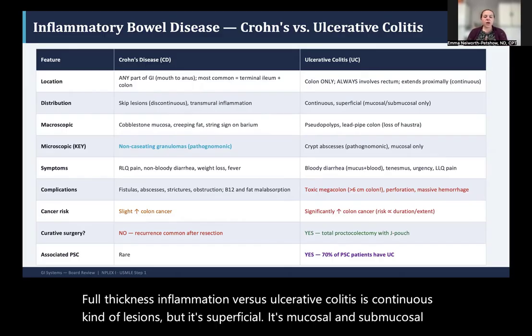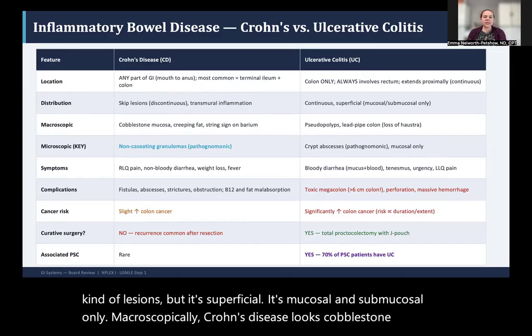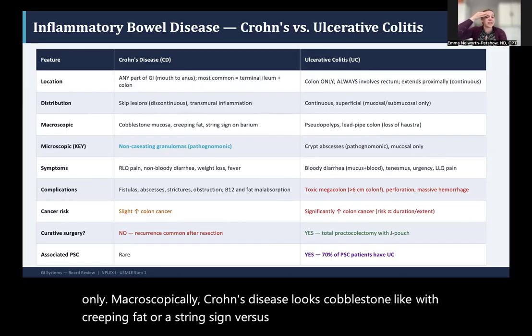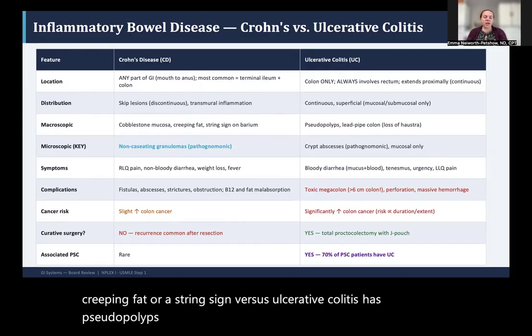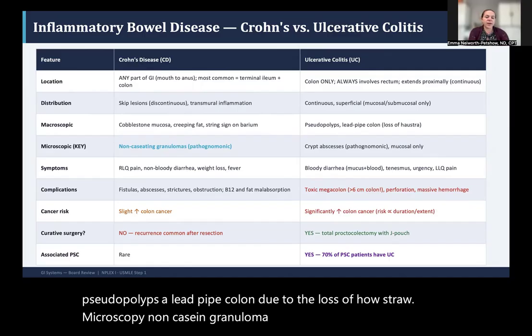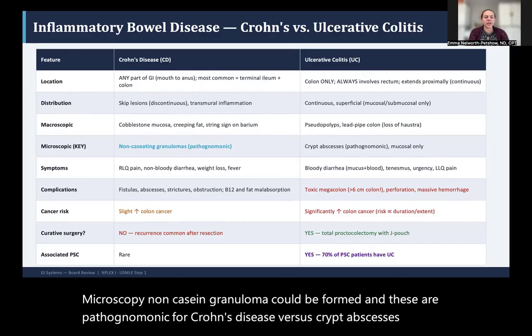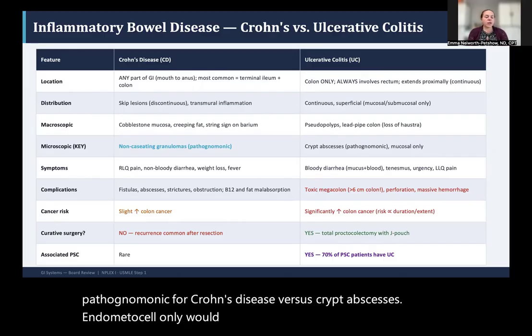Macroscopically, Crohn's disease looks cobblestone-like with creeping fat or a string sign, versus ulcerative colitis, which has pseudopolyps and a lead pipe colon due to the loss of haustra. Microscopically, a non-caseating granuloma could be formed, and these are pathognomonic for Crohn's disease, versus crypt abscesses and mucosal only involvement, which would be the kind of pathognomonic condition for ulcerative colitis.